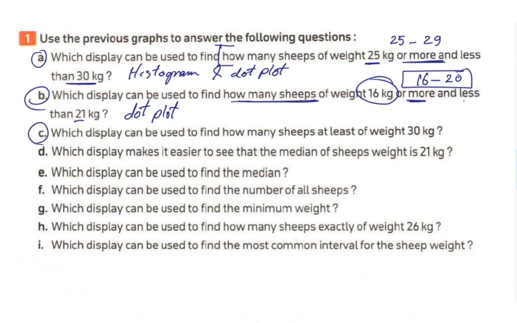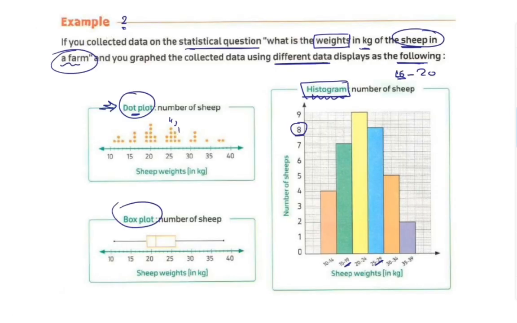Question C. Which display can be used to find how many sheep are at least of weight 30? At least means 30 and more. Go to the graph.